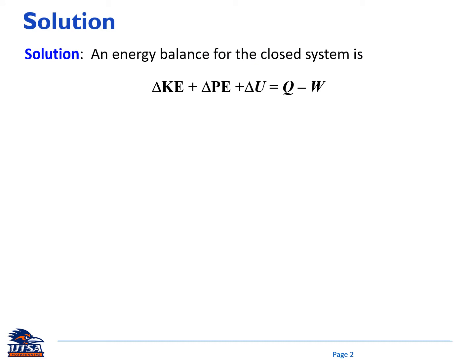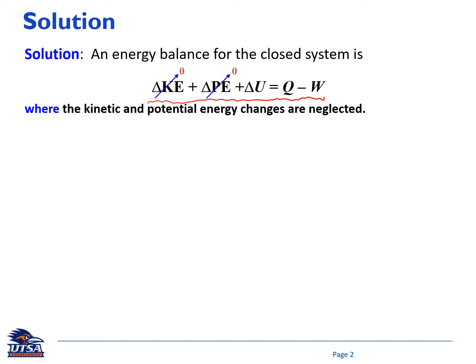Okay, so now go next. You can apply an energy balance for the closed system using this formula: delta KE plus delta PE plus delta U equals Q minus W. We know that the first two terms on the left side equal 0.